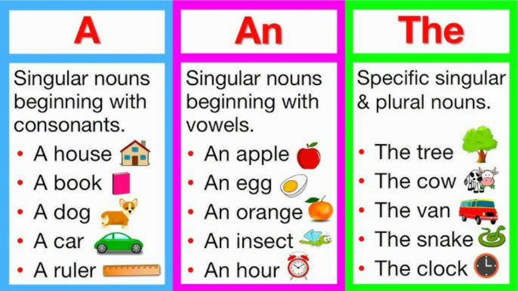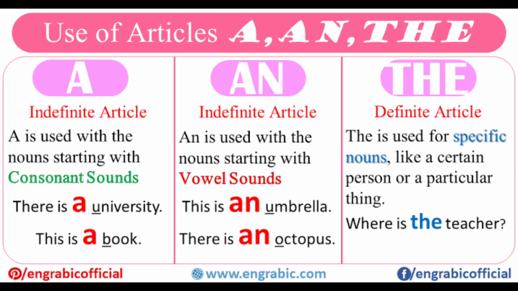Example. She needs a pen. Any pen will do, it is not specific. 3. An for vowel sounds. An is used before a word starting with a vowel sound, regardless of spelling. Example. An hour ago, he called. Justification, although hour starts with H, it is silent, so the word begins with a vowel sound.